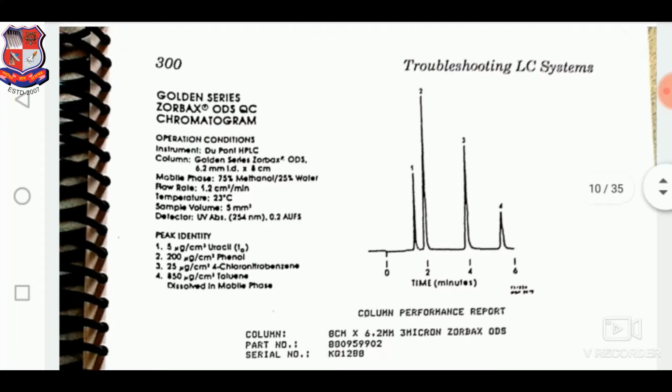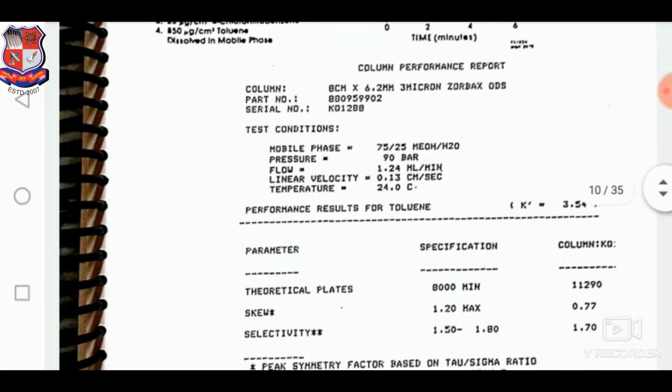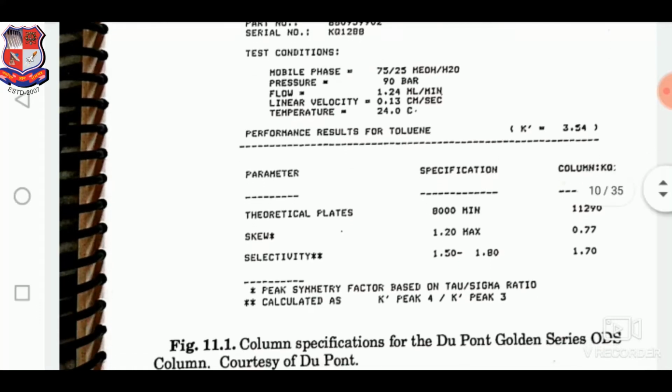The toluene peak is seen in the chromatogram. Now here the specification is 8,000 minimum for the column that is used, and the column shown in the chromatogram gives 11,290. So that is acceptable for theoretical plate numbers.